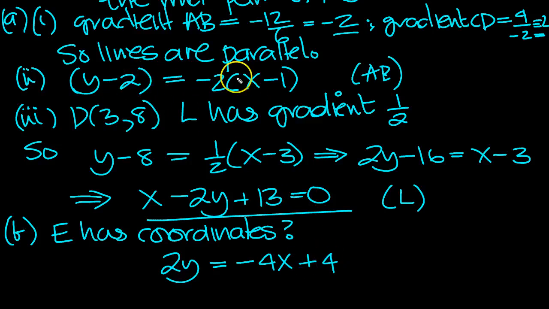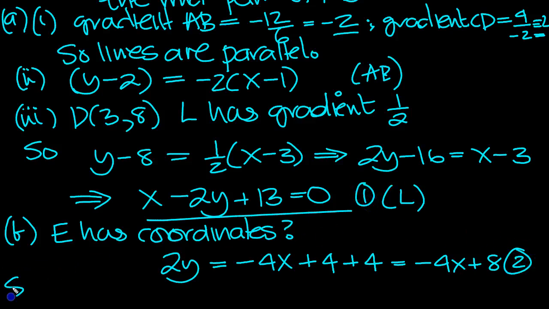And I'm going to move this over at the same time, and that's going to be plus another 4. So it's minus 4x plus 8. Now we can sub that in. This is equation 1, say. This can be number 2. So what do we get then? x minus 2y, which is minus all this, so that will be plus, run the minus through this. x plus 4x minus 8 plus the 13 equals 0.